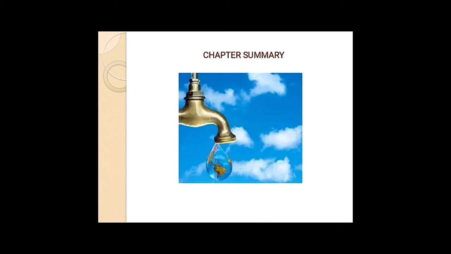This leads to the depletion of the most important resource of our earth. In this droplet we can see the picture of the earth. So we must conserve water and stop polluting it unnecessarily.